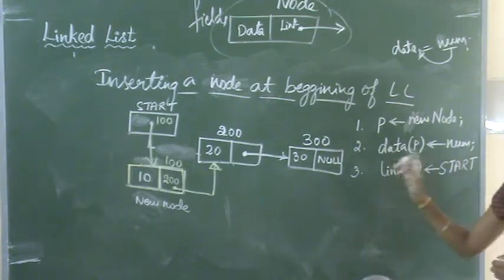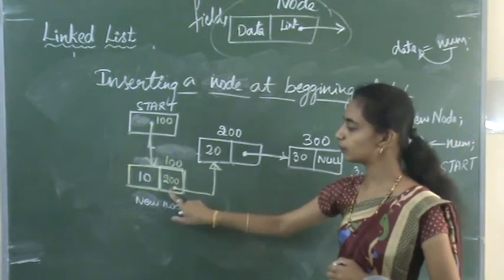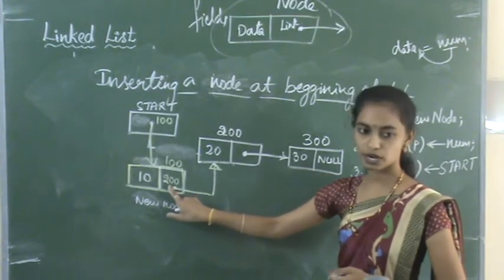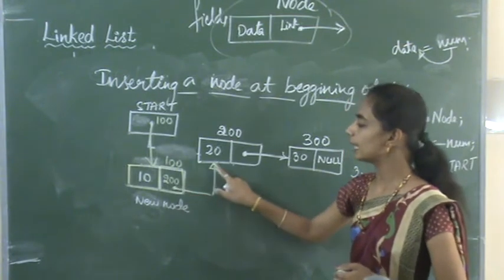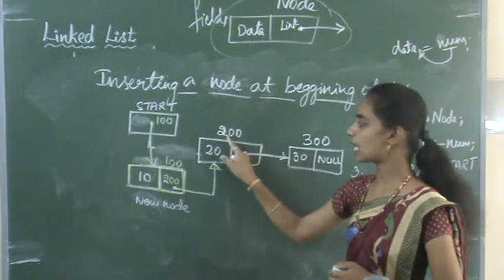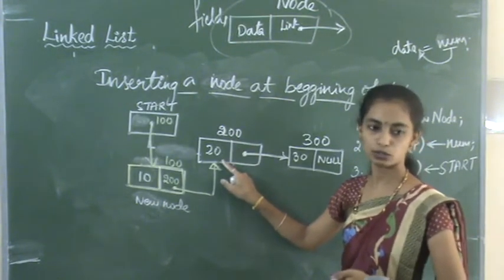Previously the start contains 200, right? So that will be assigned to this. When we assign this 200 here, automatically it creates a link to that address. So wherever address 200 is, automatically the link points out there.